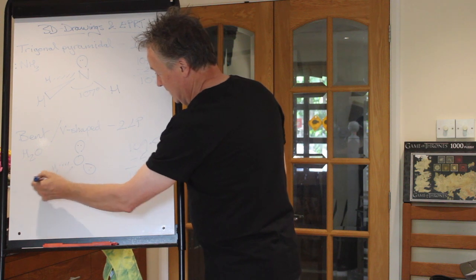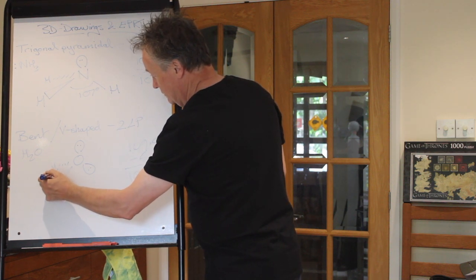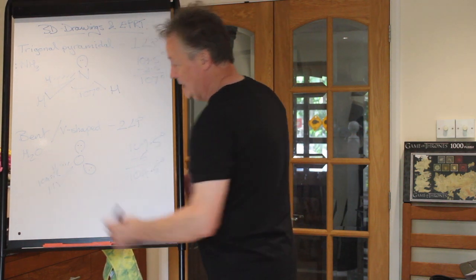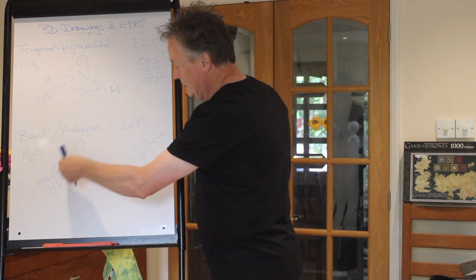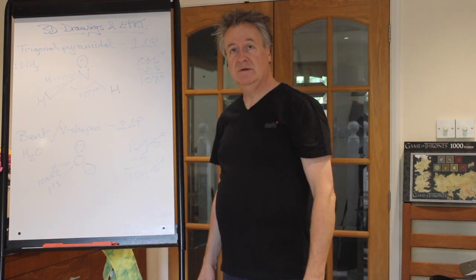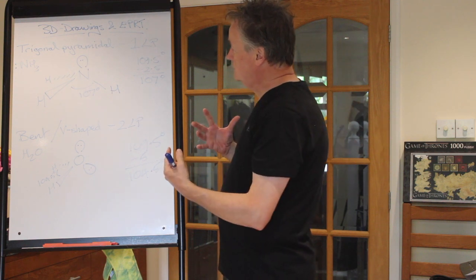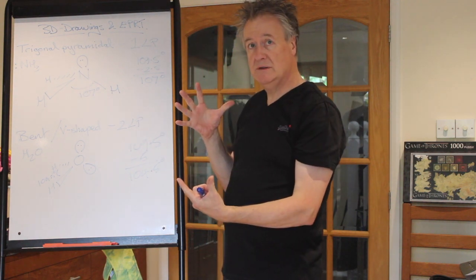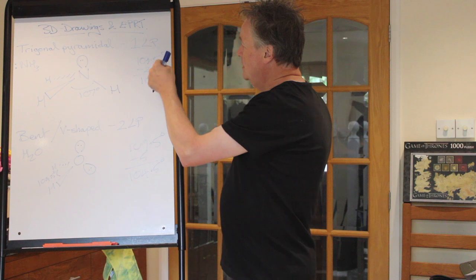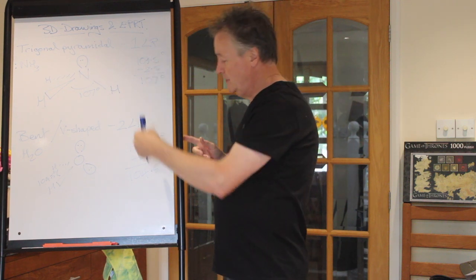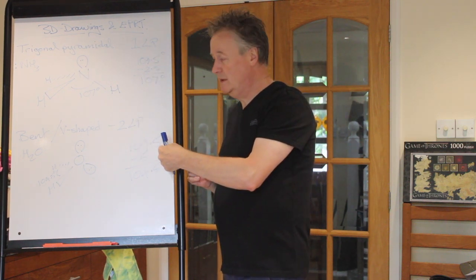So that angle there, because remember, it is only the angle between actual atomic centres that you look at, 104.5 degrees. Therefore, these are the two modified tetrahedral shapes. 2.5 degree modification for one lone pair, 5 degree modification for two lone pairs.